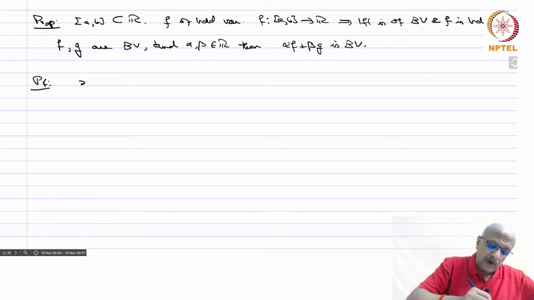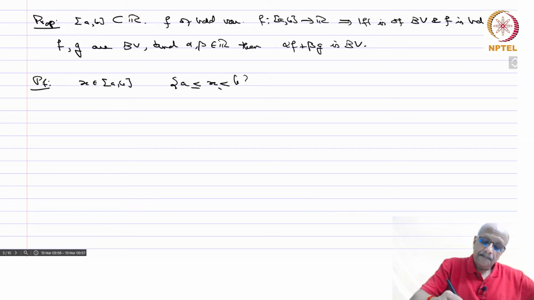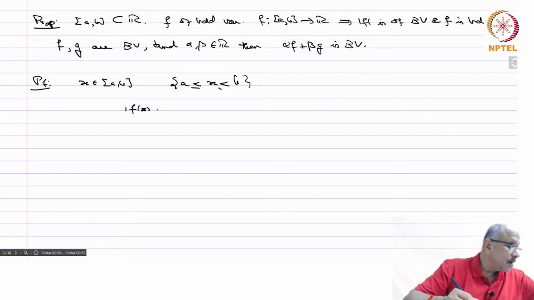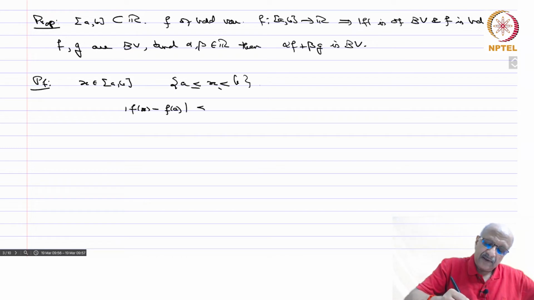So if x belongs to [a, b], you simply consider the partition a, x, b. Then |f(x) - f(a)| is less than or equal to T(P, f), so this is the partition, which is less than or equal to T_a^b(f).